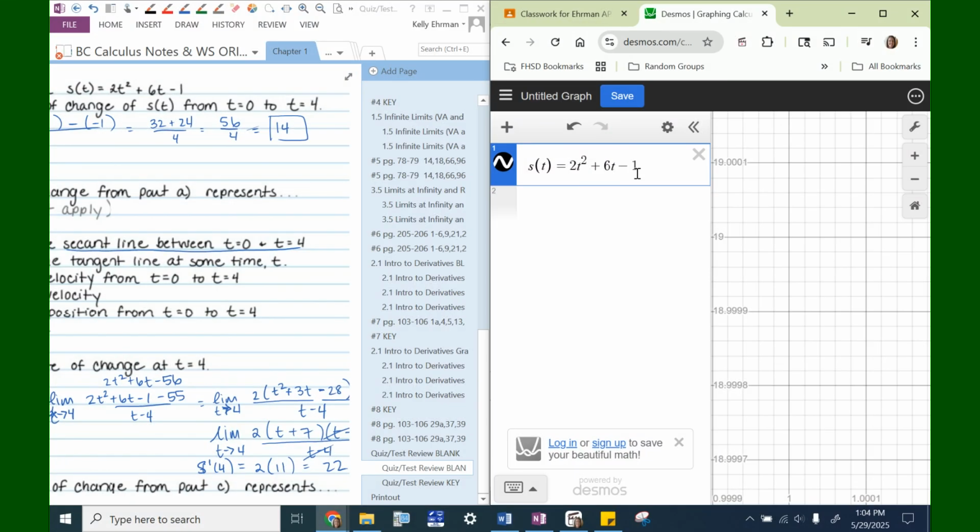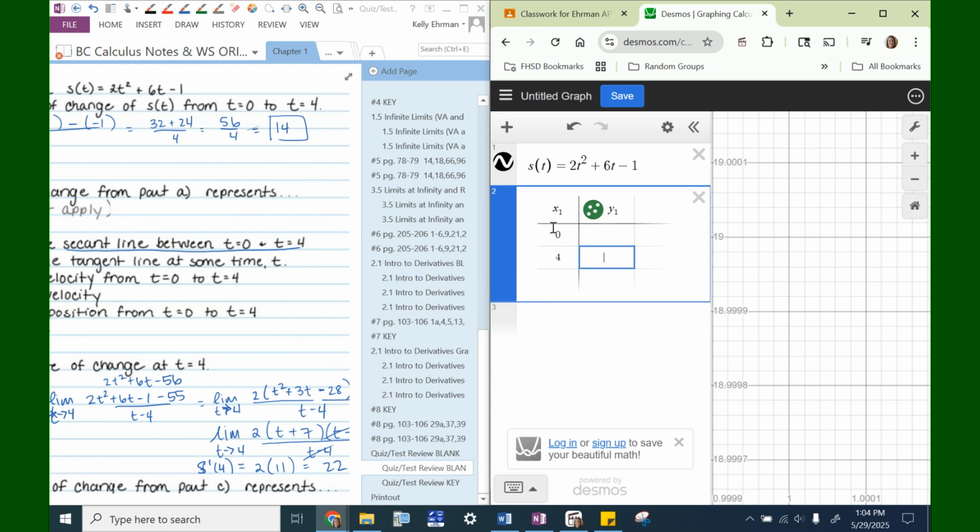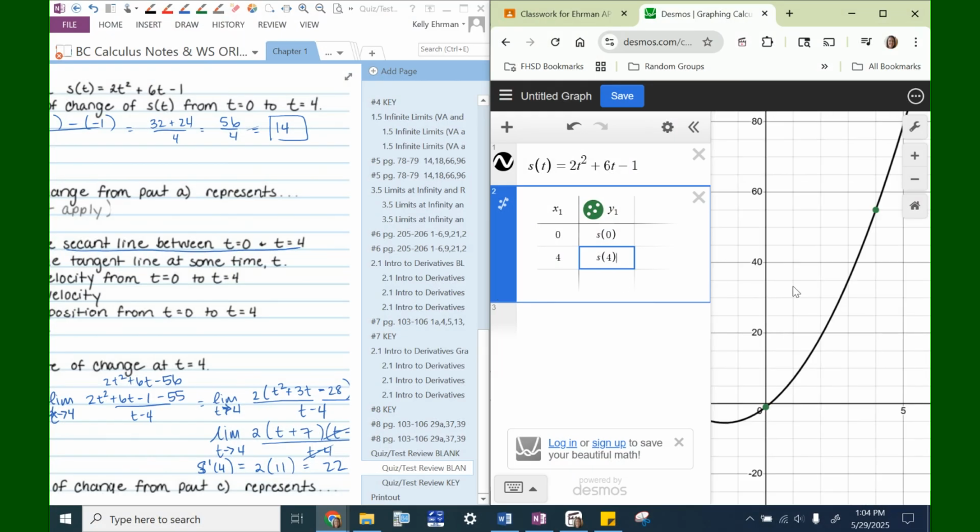Graph that, and we were looking from 0 to 4. I've got this zoomed out really weird, so I'm going to put a table in there, s of 0, s of 4. Show me that section of the graph, please. Now, we did a tangent slope at 4, so this is kind of cool. I think this should work.